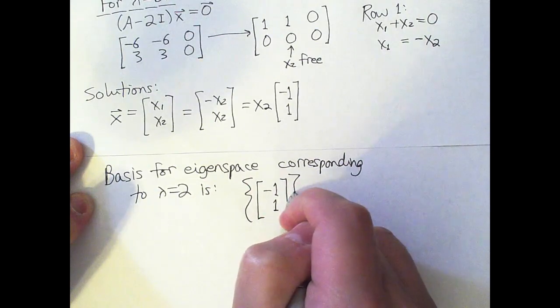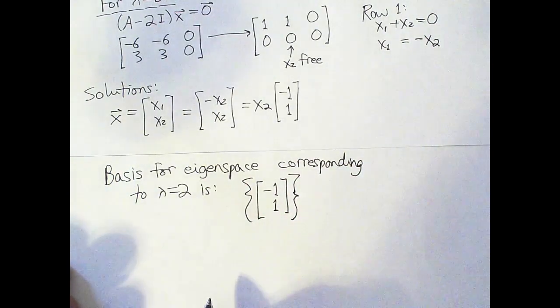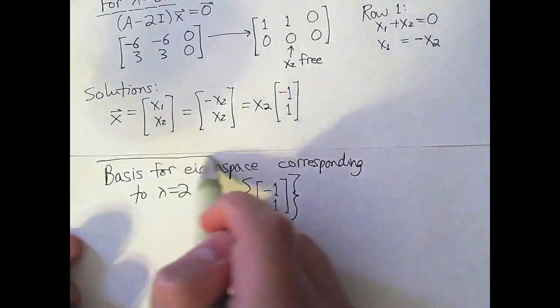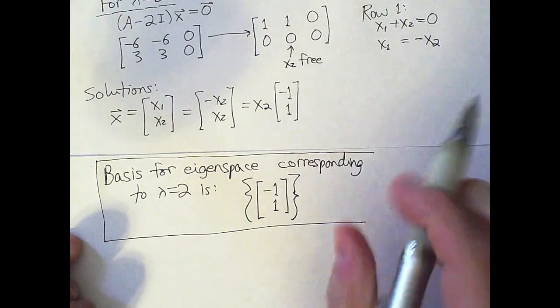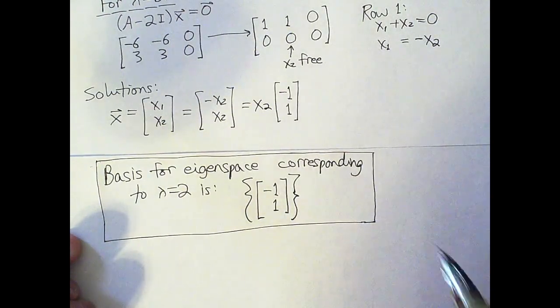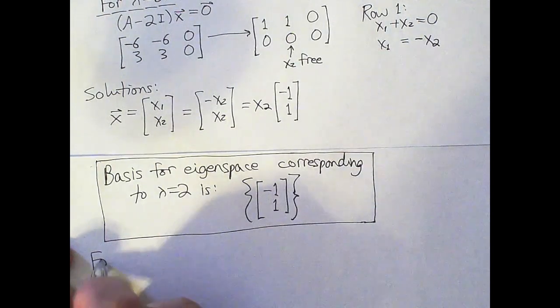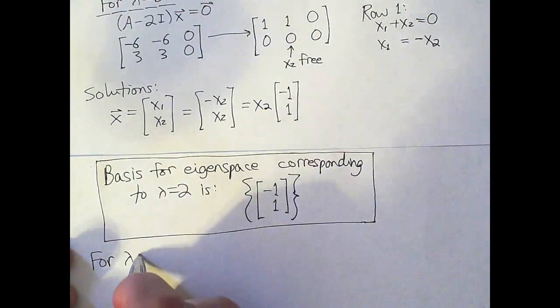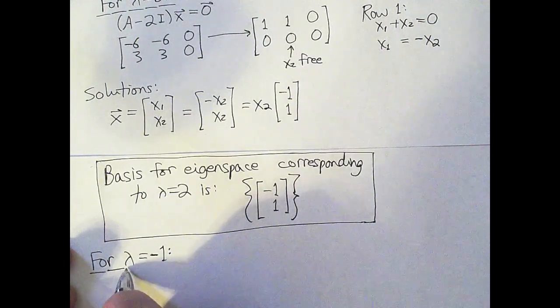Don't just write the vector. You need to write a set containing that vector. That's part of the answer. So we'll put a box around it. One more to go. We need to do this for the other eigenvalue that we found.